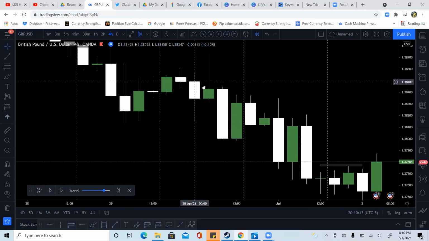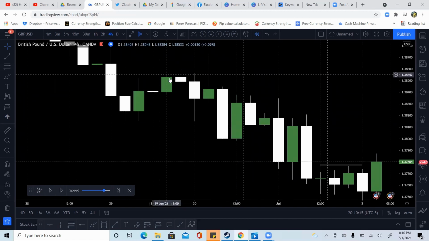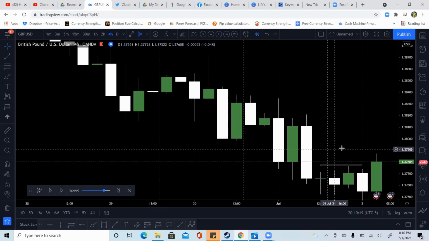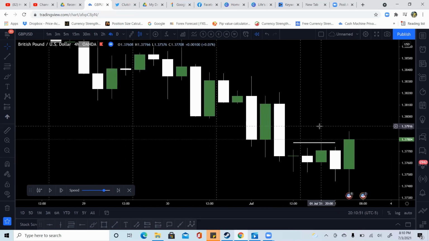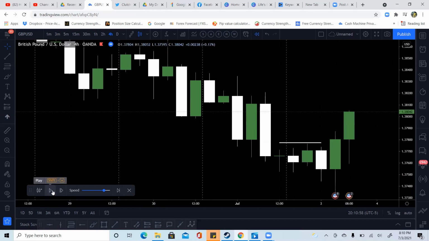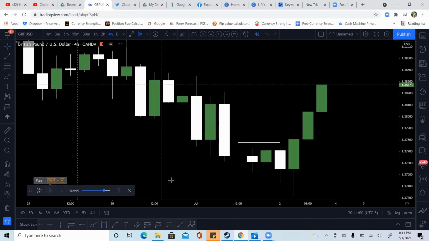So in these last two days of price action, there wasn't a candle that closed higher than the last two candles. So looking at candle flow, this becomes significant and the move continues on. And you get that movement there.